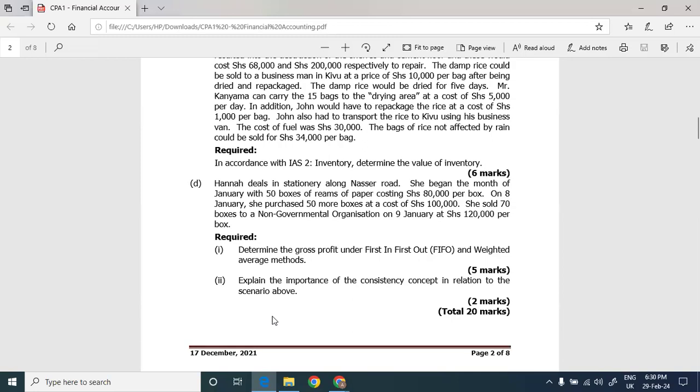When you look at this point, some people thought that all of the boxes were at 100,000. That's not correct. Because if the first boxes each were at 80,000, it means by the 8th, the price per box had increased.